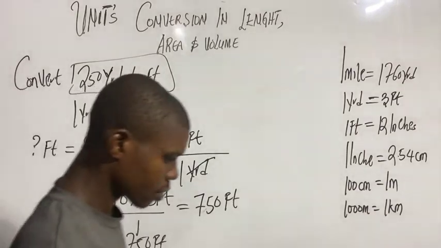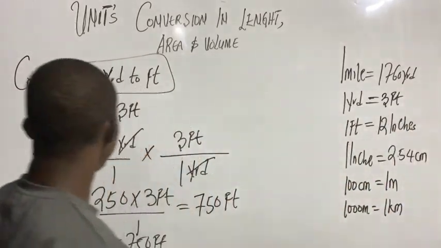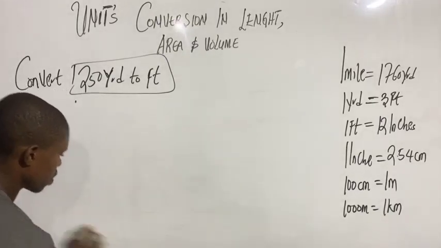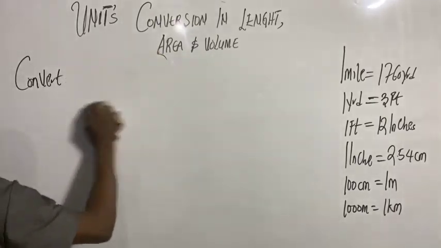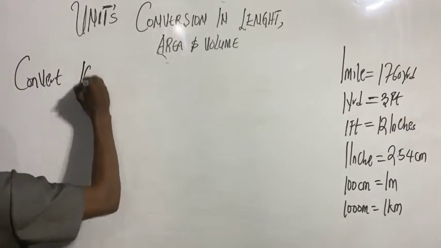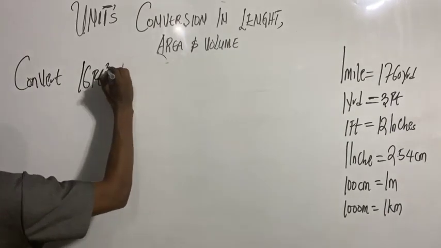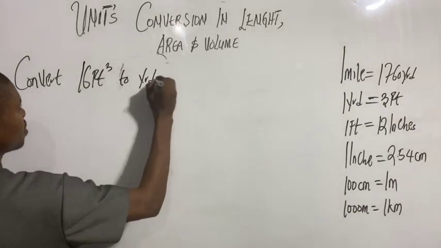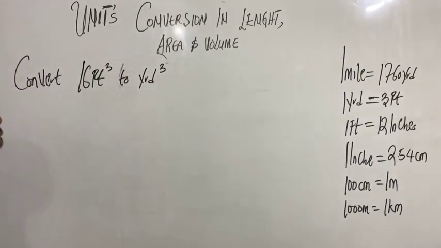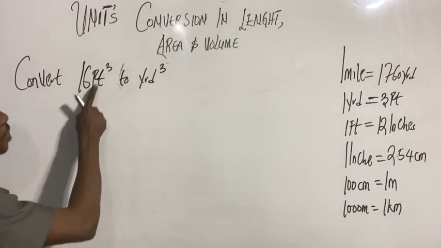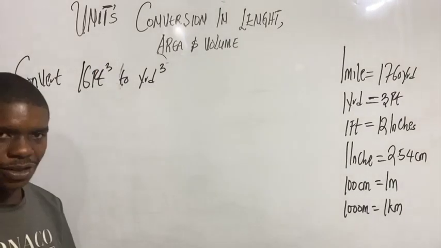Do you understand? Okay, now if for example here, they say 16 feet cube to yard cube. Now let's convert this one. Do you get that? If for example here we have 16 feet cube to yard cube, how do you convert that?